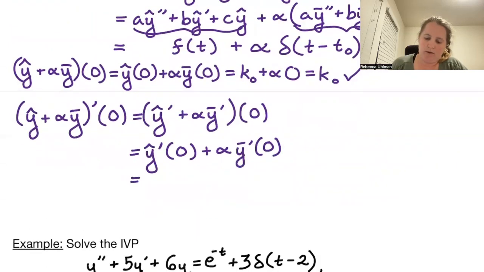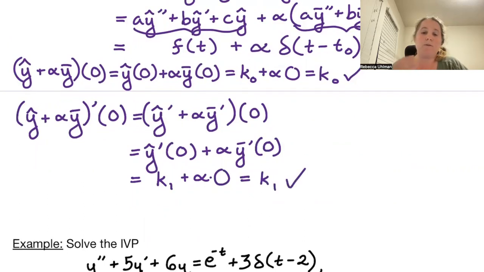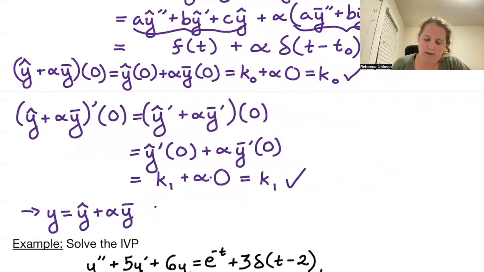And by our initial conditions, ŷ'(0) was k₁, and ȳ'(0) was equal to 0. And so we wind up just getting k₁. So we have the equation and the initial conditions are satisfied. So y = ŷ + αȳ satisfies the IVP.